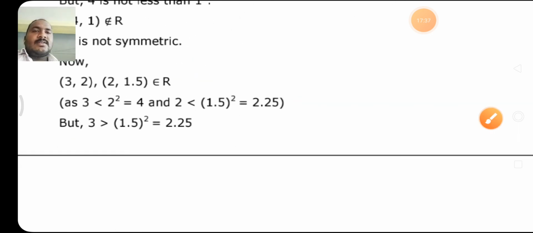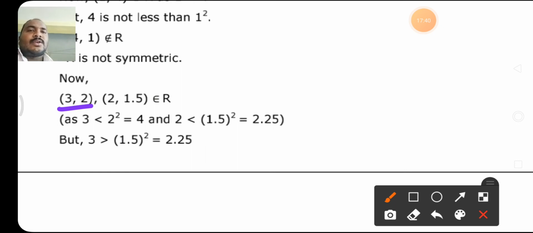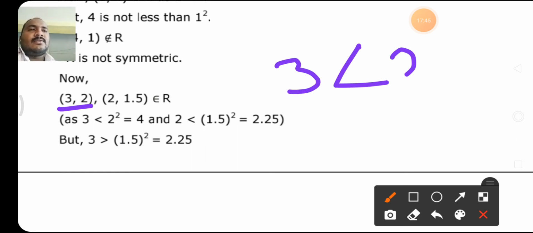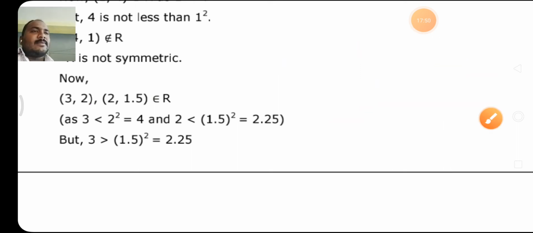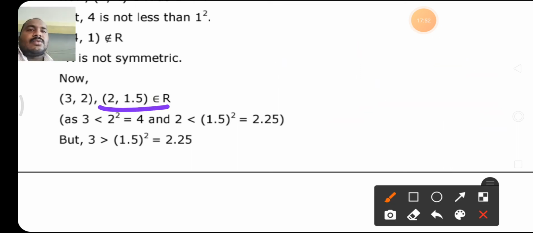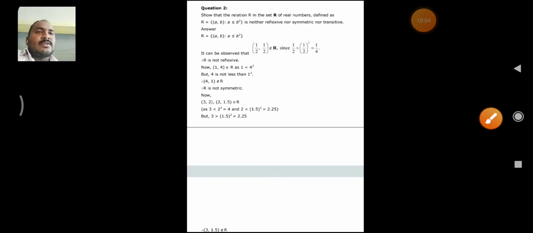Now check transitivity. (3, 2) belongs to R because 3 is less than 2 square. 2 square is equal to 4, and 3 is less than 4, which is true. And similarly, (2, 1.5) belongs to R. But 3 is greater than 1.5 square, which is 2.25, so this is not true.